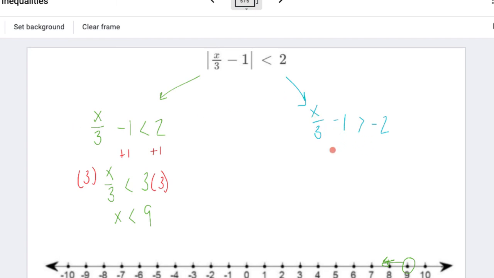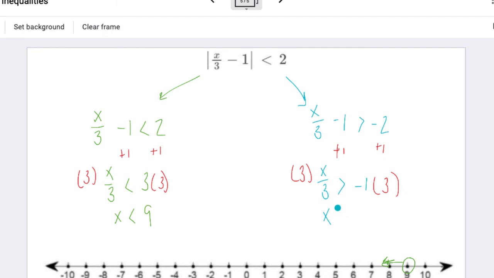So instead of minus 1, again, we solve it the same way, add 1, which means x divided by 3 is greater than negative 1. Keep going the same way. Instead of divide, multiply by 3. The last time we checked, negative 1 times 3 was negative 3.